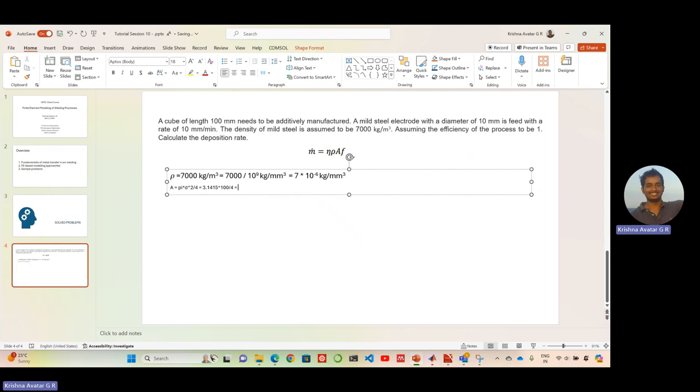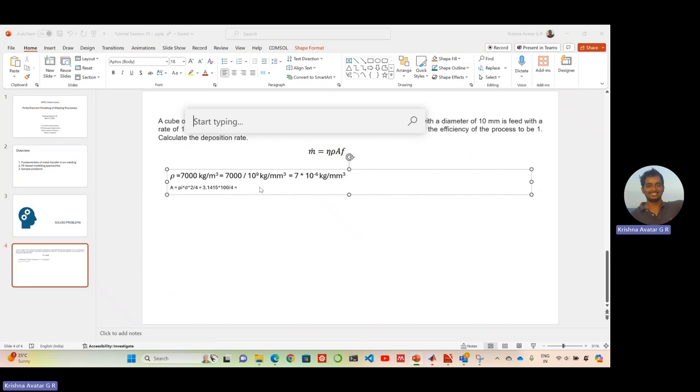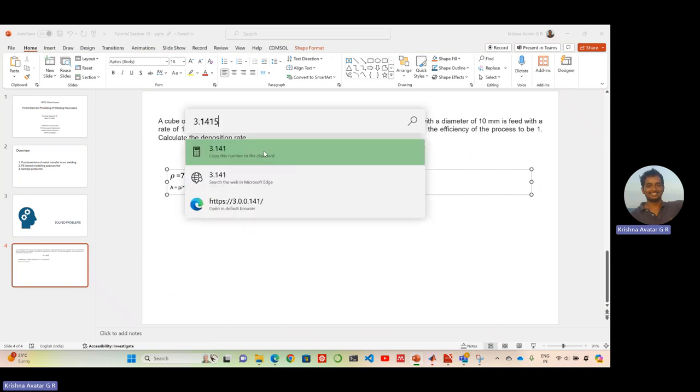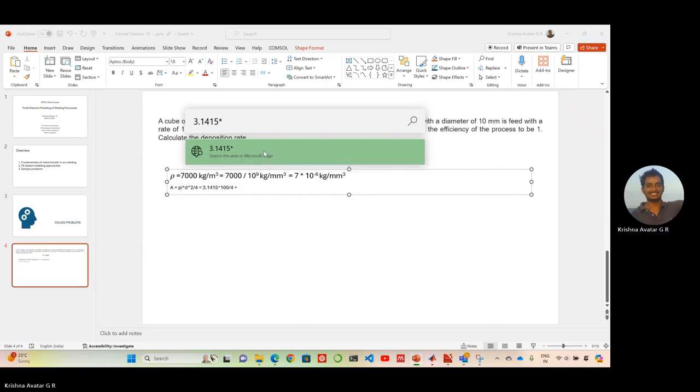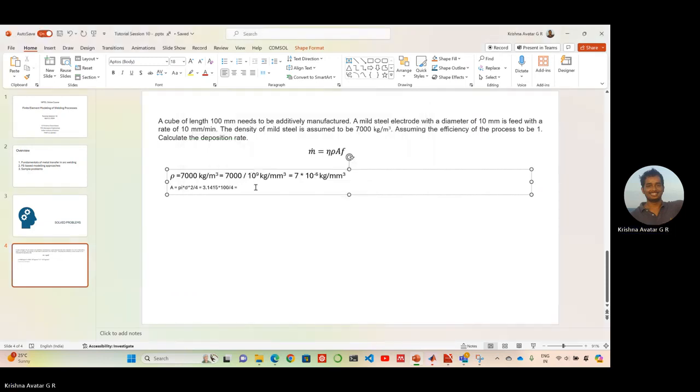So this comes out to be 3.1415 into 25, which is 78.5375. So this will be in mm squared.